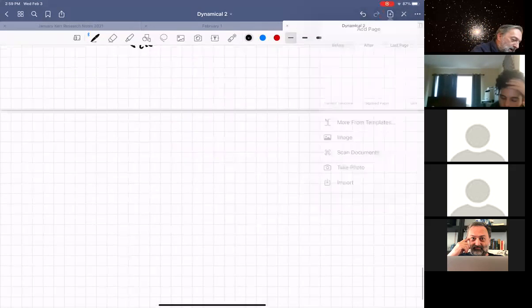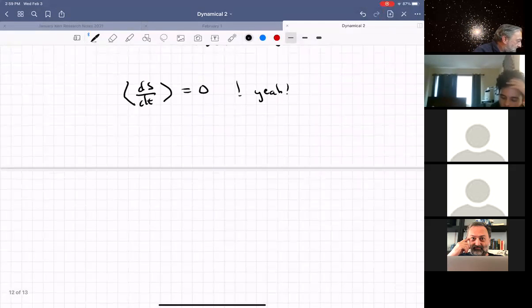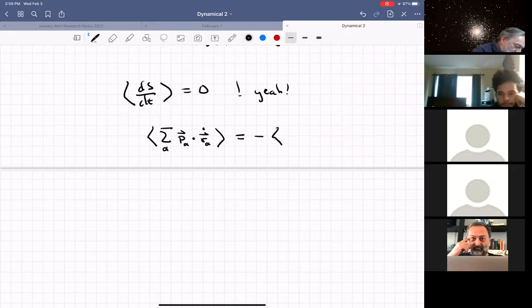So now I'm going to go back to my definition and pull out the two terms, right? My definition of dS/dt had two terms. And they were added, so there's a minus sign here.